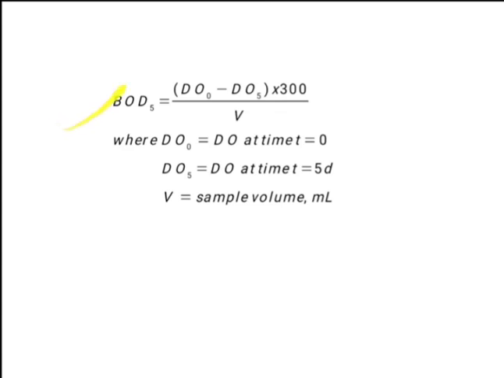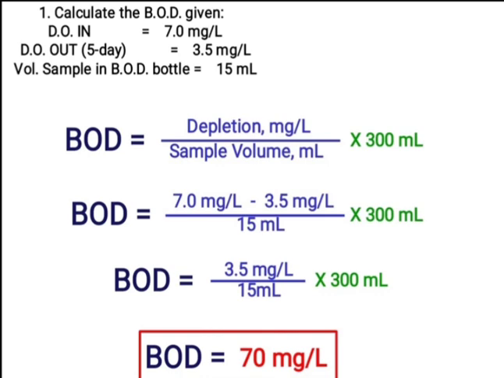So this is the very simple formula. Biological oxygen demand after incubation is equal to dissolved oxygen when the solution is freshly prepared minus dissolved oxygen after 5 days, into 300, divided by volume. And here is the problem which I have taken. Here we have to calculate the biological oxygen demand.